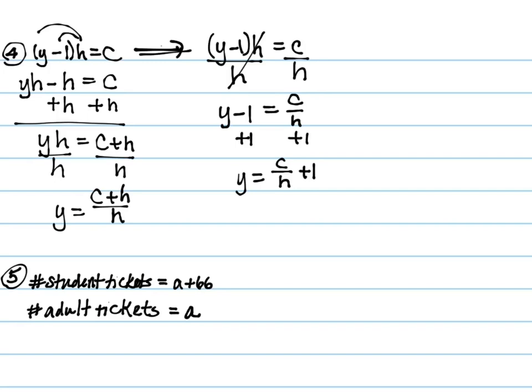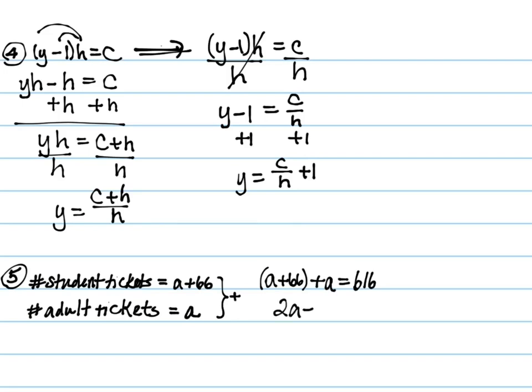And then it says that there was a total of 616 tickets sold. So what we would need to do is add these 2 together, and then they'll equal 616. So I have A plus 66 plus A equals 616.